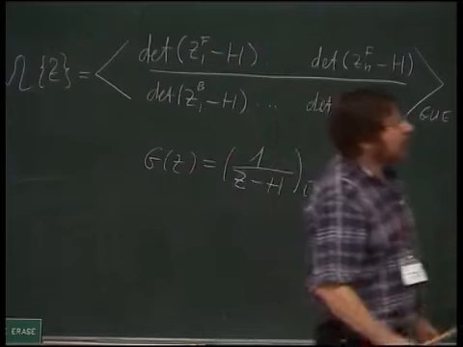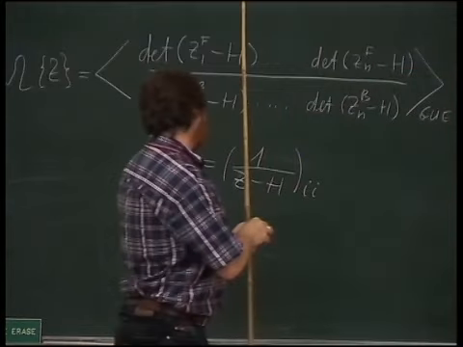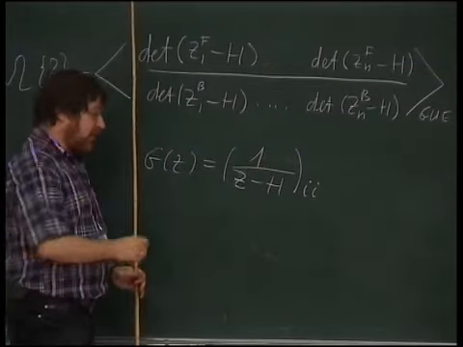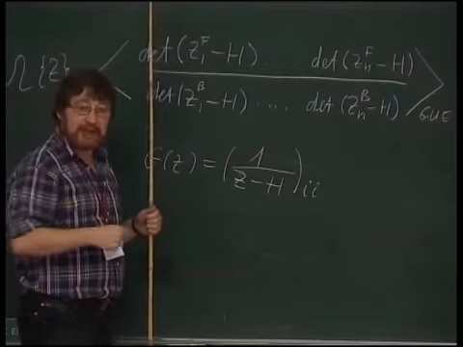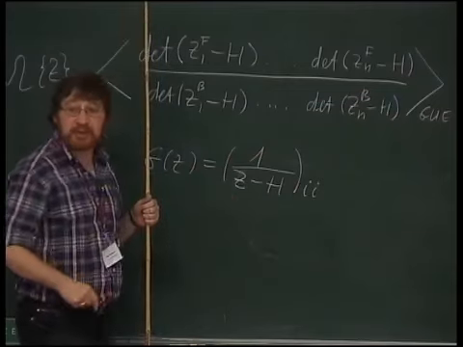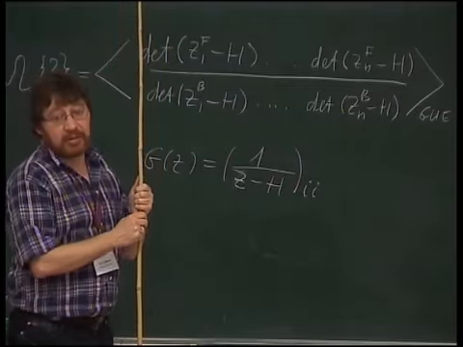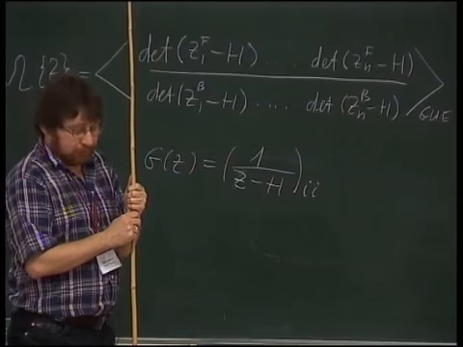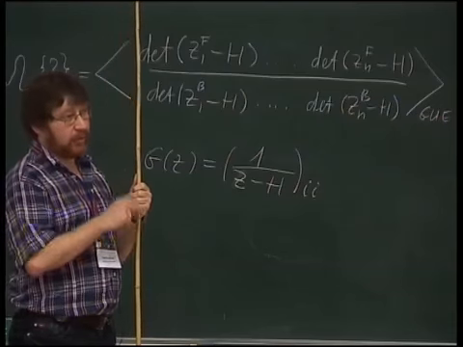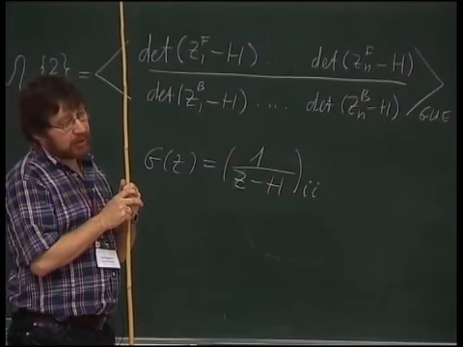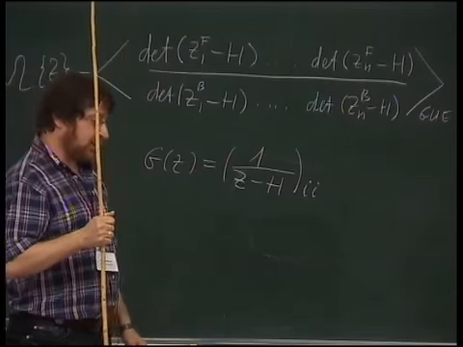Then my claim is that if H is taken from the Gaussian unitary ensemble, one can relate the joint probability density of real and imaginary part, so not even an expectation, but joint probability density of real and imaginary part of this important object. We will see the importance of this object later on, and also the importance of considering distributions of these quantities, not only expectation values, later on, when I hope we will be able to discuss localization.